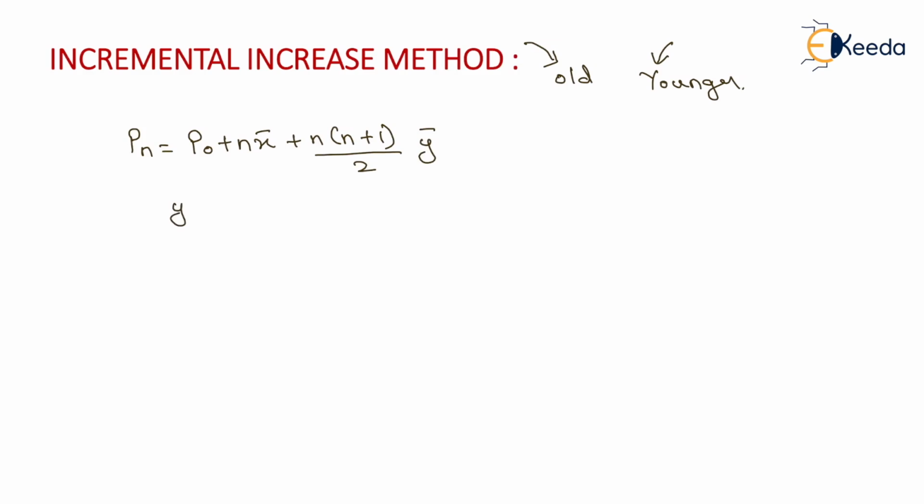Only y bar is new, and y bar is known as the incremental increase. We will see in detail how we calculate y bar or x bar when we solve questions on population forecasting. Clear?